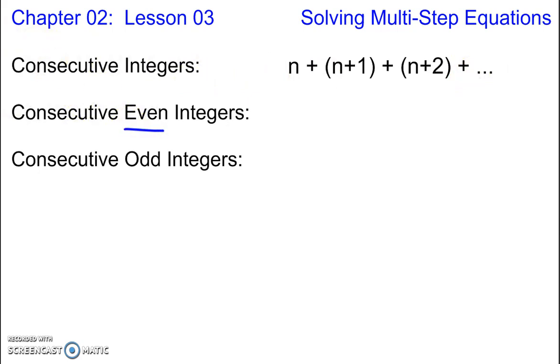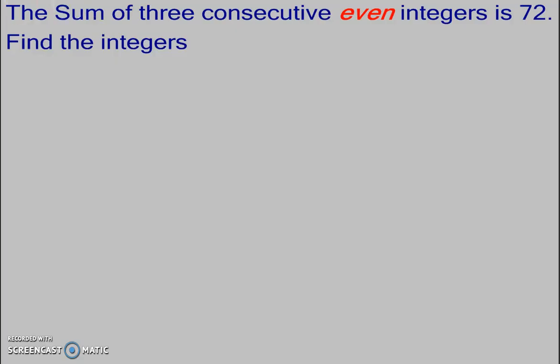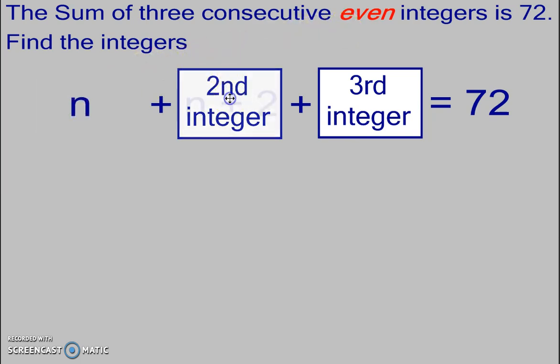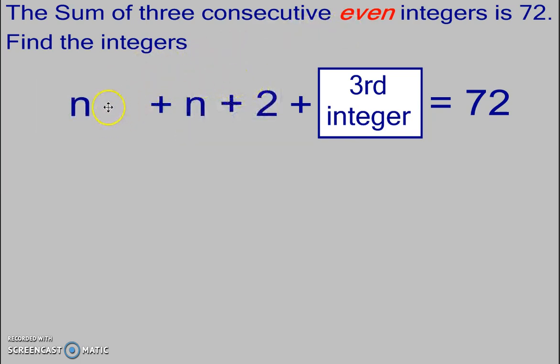Consecutive even integers. So, we're finding the sum of 3 consecutive even integers that comes out to 72. We have a first integer, second, third. Now, even numbers like 2, 4, 6. To get from 2 to 4, I don't have to add just 1, I have to add 2. So, my first number plus 2. And then to get from my first number, like 2, 4, 6, to the third number, I have to add 4.